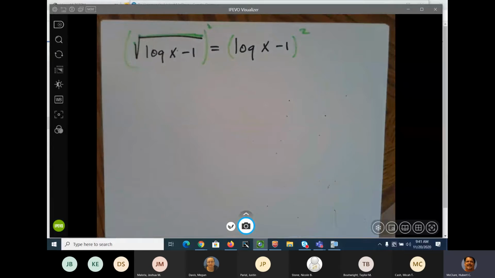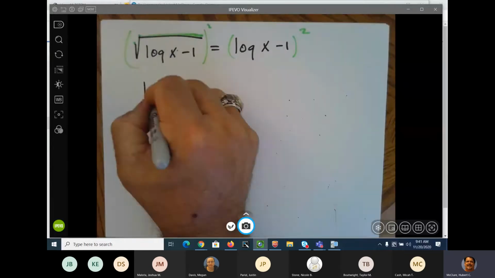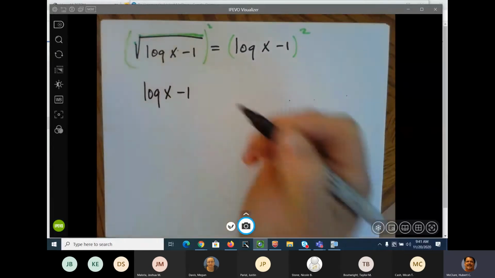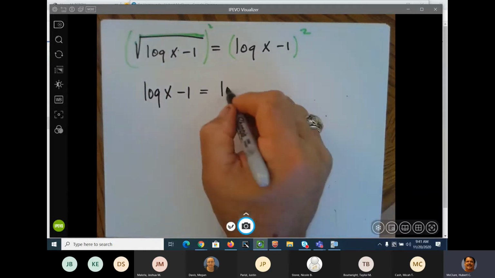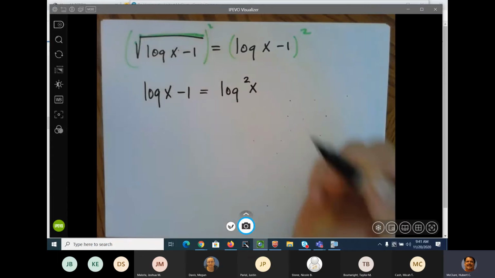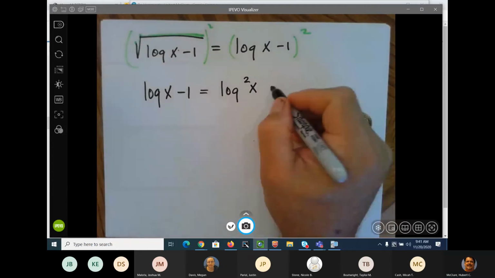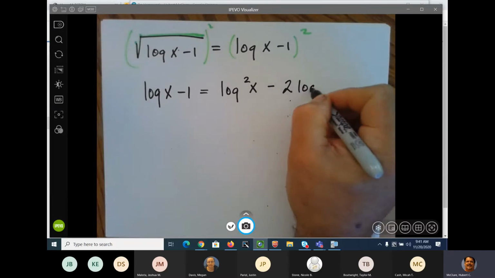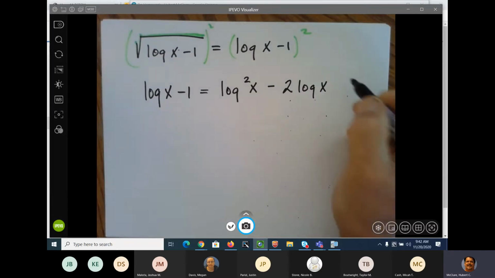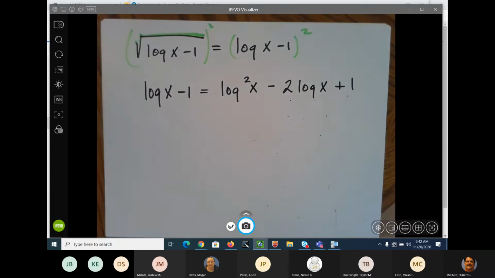So that's going to be log of x minus 1 is equal to log squared x minus 2 log x plus 1. Well, that's not going to help nothing.